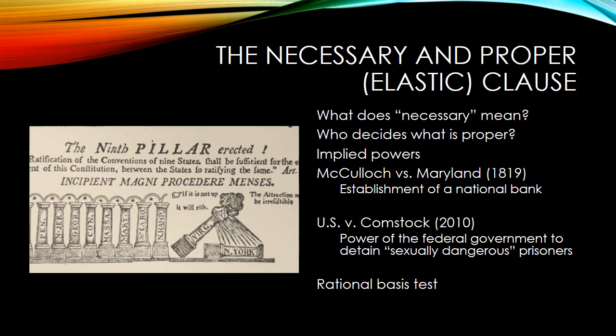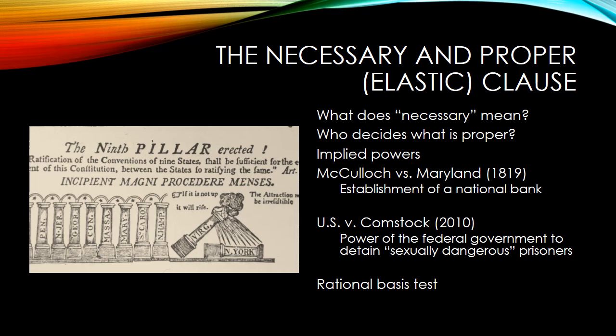If you want to look at the Necessary and Proper Clause, you kind of have to start by looking at the case of McCulloch versus Maryland from 1819. In this case, the court addressed whether the federal government had the power to incorporate a bank. The creation and chartering of a national bank is not mentioned anywhere in the Constitution. And so the question was, well, is it an implied power?